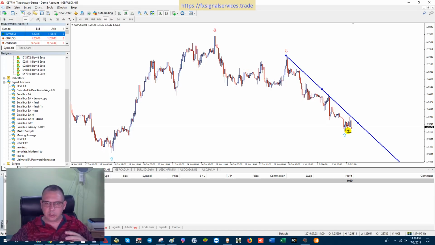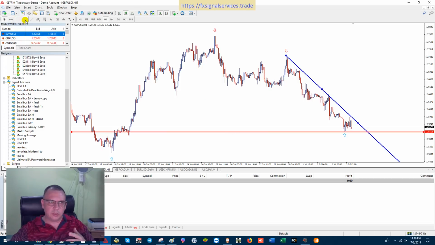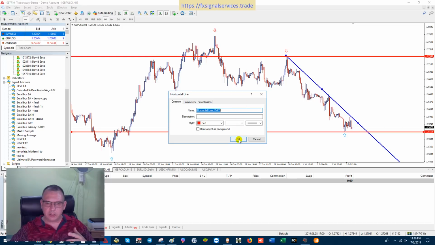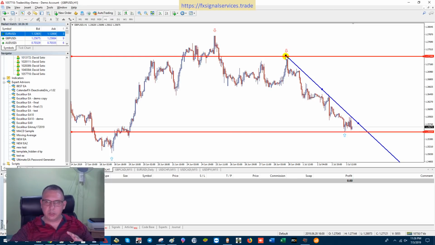I like to start off by looking at the lowest and highest point. Right here this is the lowest, and this was the previous high. There is a point up here, but I'm not going to count that right now. I just want to look at the previous high and the current low.